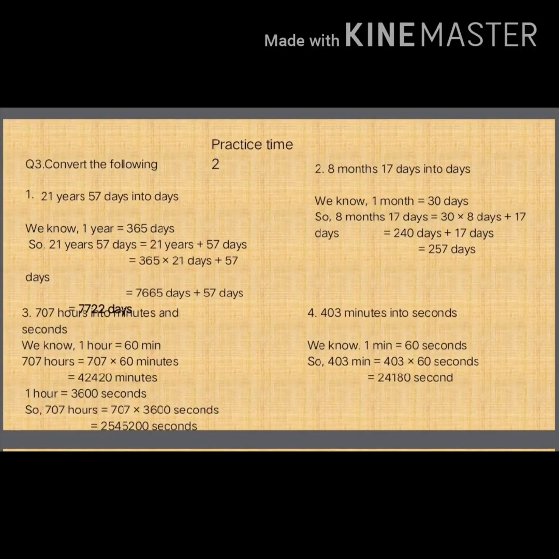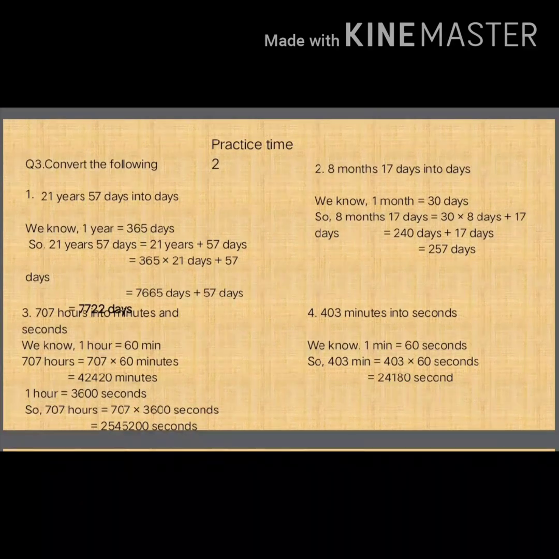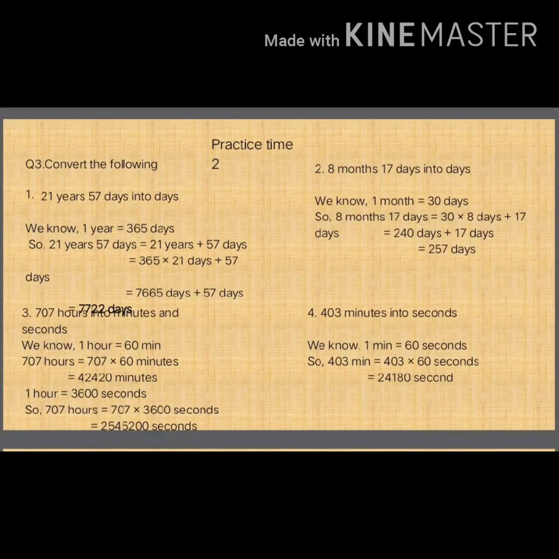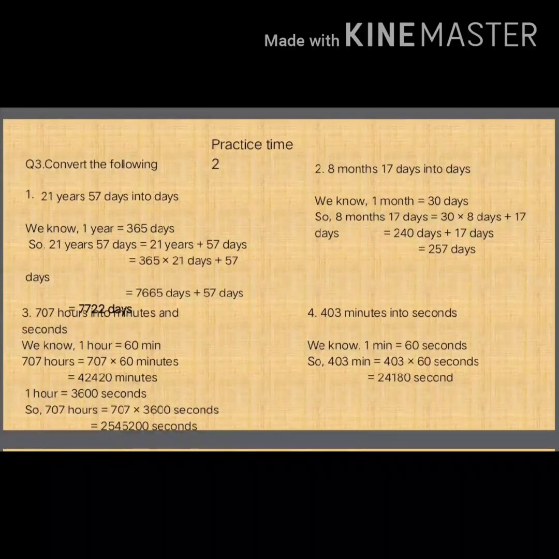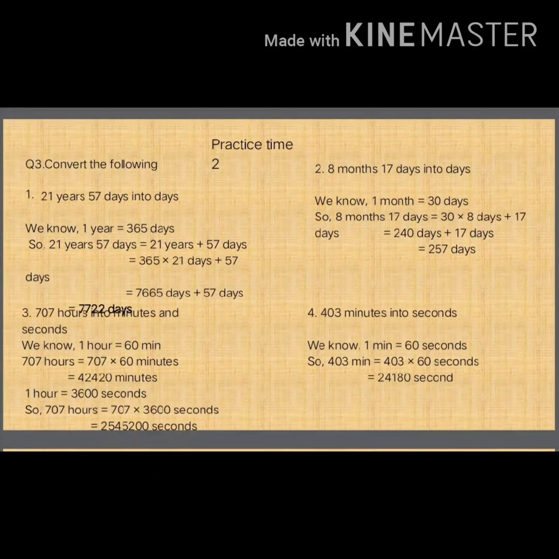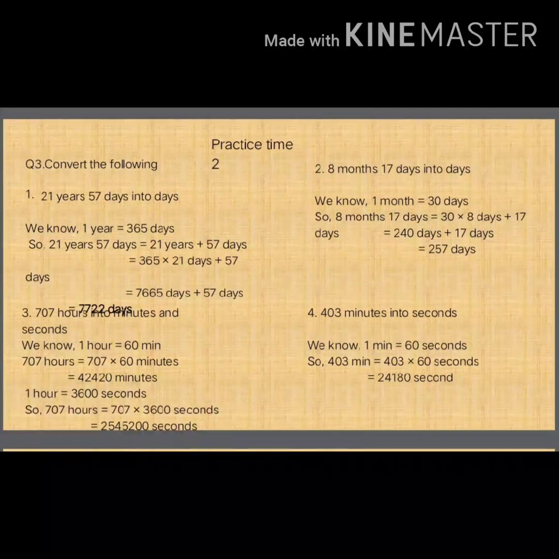So again 707 will be multiplied by 3600 to get the answer in seconds. So we have got two answers here. In minutes we have got 42,420 and in seconds we have got 25,45,200 seconds.